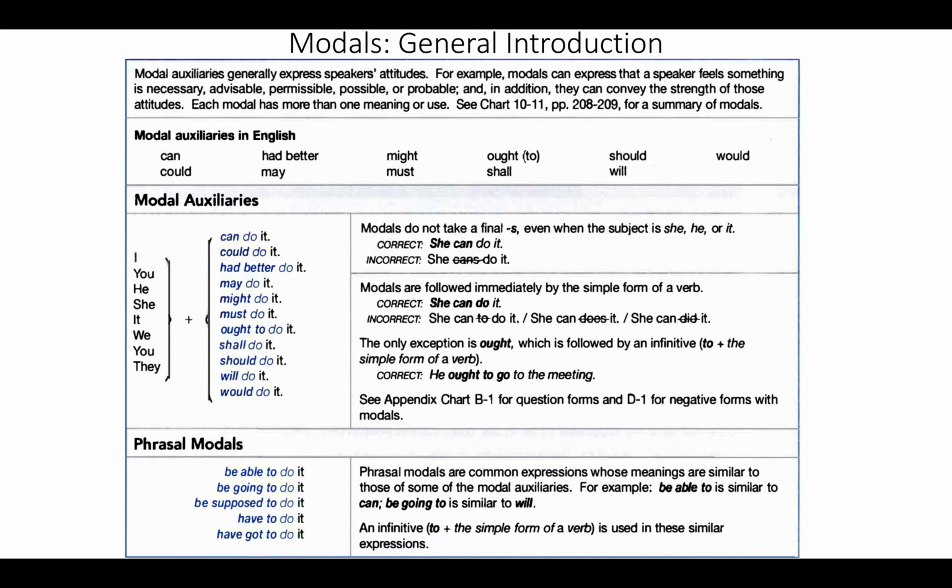But when you add a specific modal, like if you say, you should revise your lessons, your courses, now, in addition to the meaning of revising, we have an additional meaning, an additional attitude that is expressed, which is the attitude of giving advice.